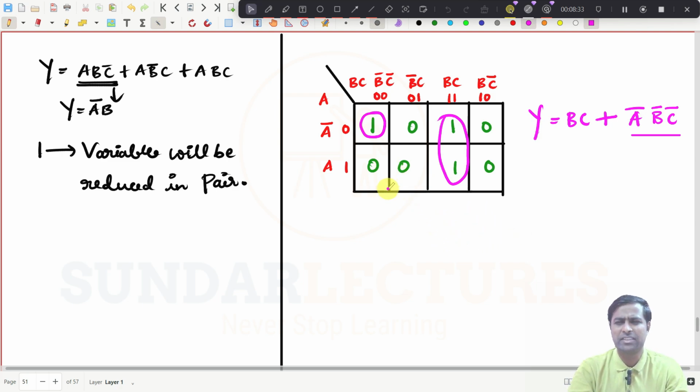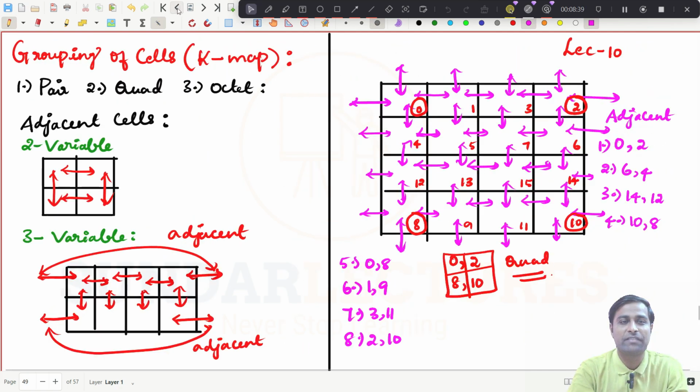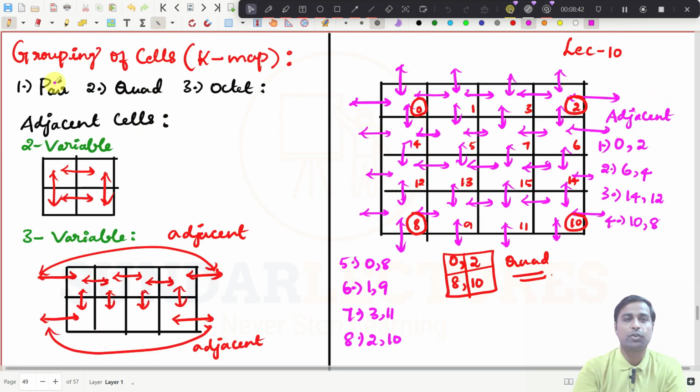Right? So we will see much more things in quad and octet in the next class. So what are all the topics we have seen in this class? We have started with the grouping of cells, and in grouping of cells there are 3 different types: pairs, quads and octets are available in the K-map simplification technique, right?